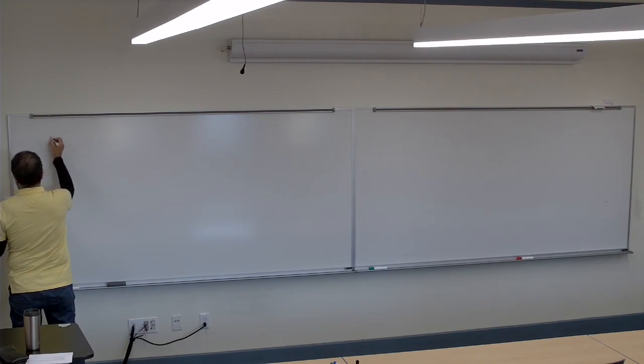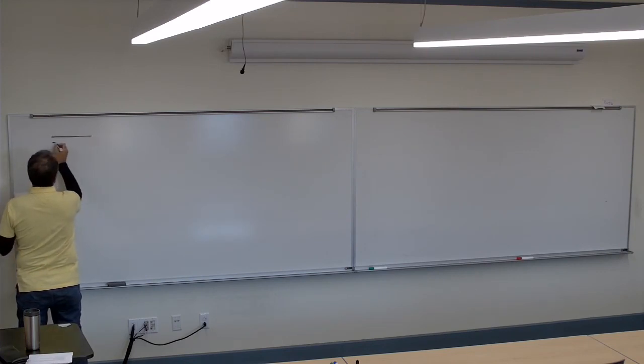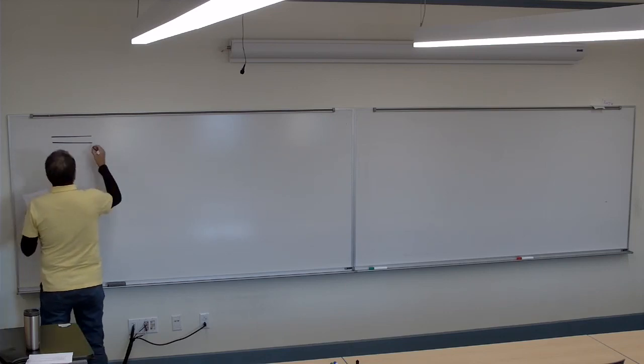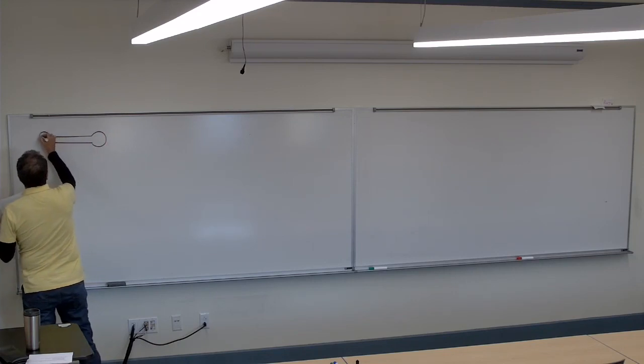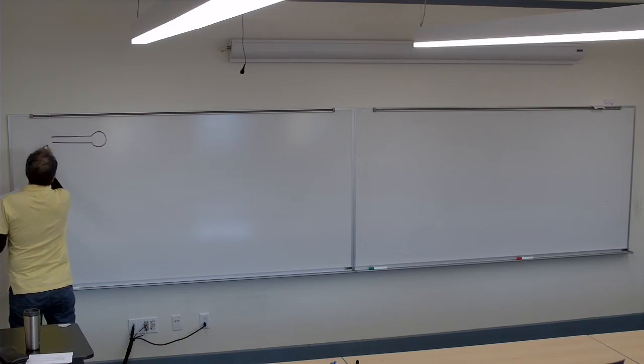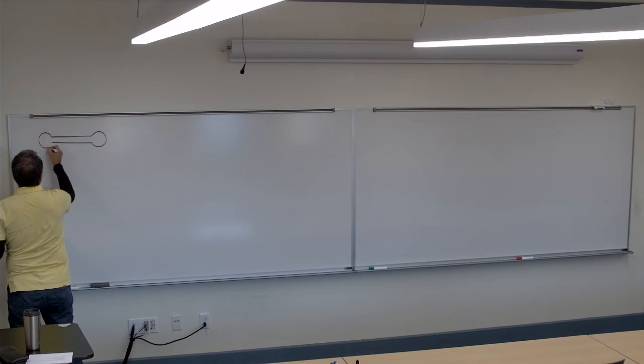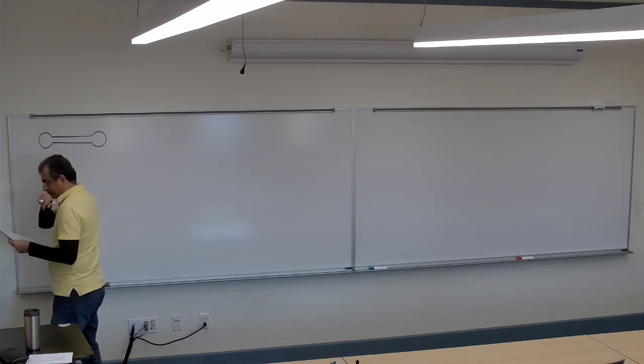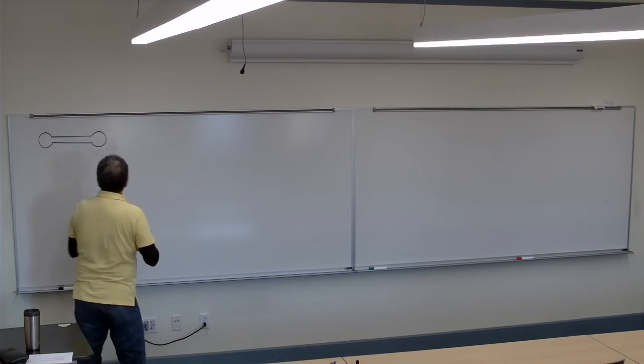So here it says that we have an object that looks like this. And there's a hole here.